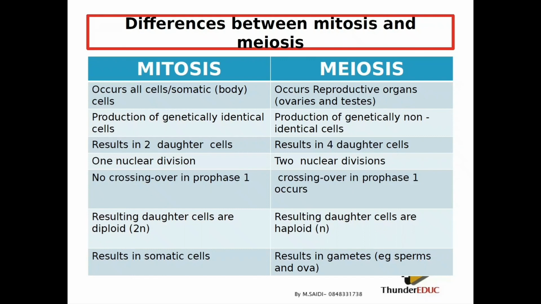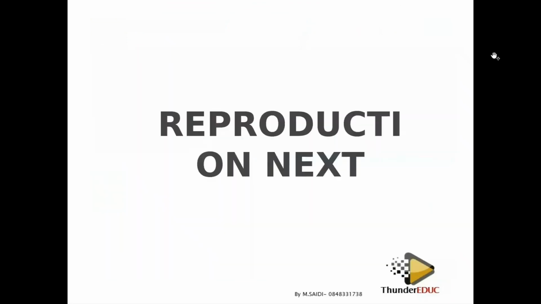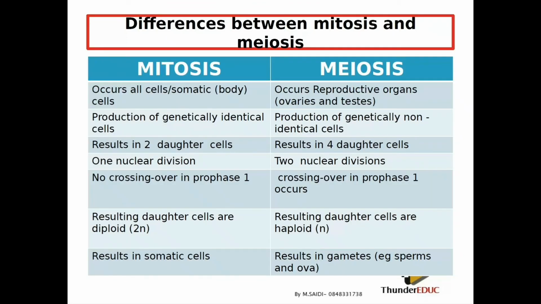And lastly, mitosis results in somatic cells, and meiosis results in the gametes, that is the sperm cell and the egg cell, which is the ovum. So that is as far as you can go.